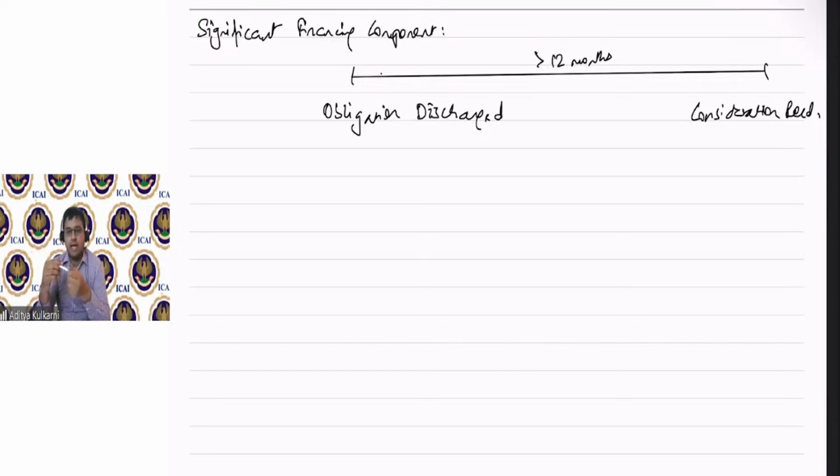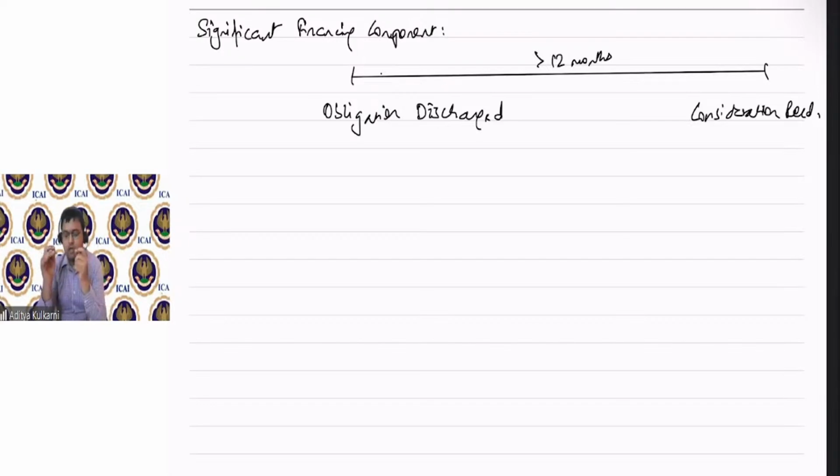Because of that, we have two performance obligations here. One is a sale of a product or a service. Second is the finance income or expense, which needs to be accounted over a period of time.